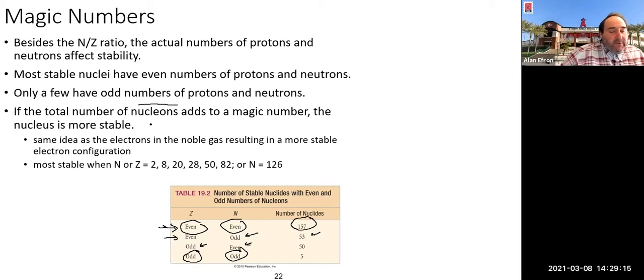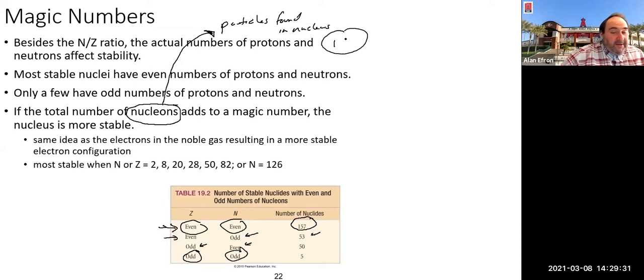Nucleons is a word that we'll hear a lot in nuclear chemistry, and nucleons is, as it sounds, the particles found in the nucleus of an atom, which, as you hopefully know, are your protons and your neutrons. Basically, like your mass number, it's your number of protons and neutrons.